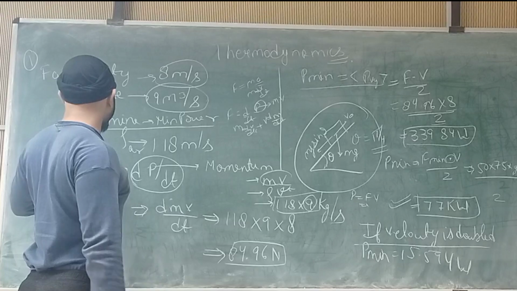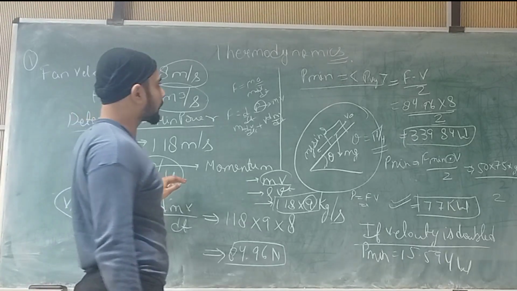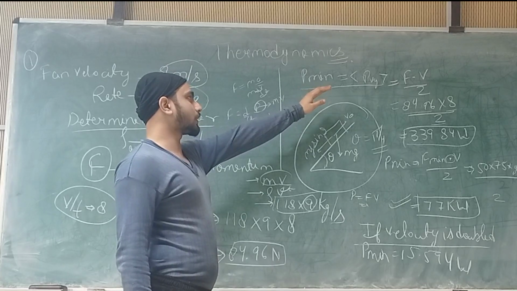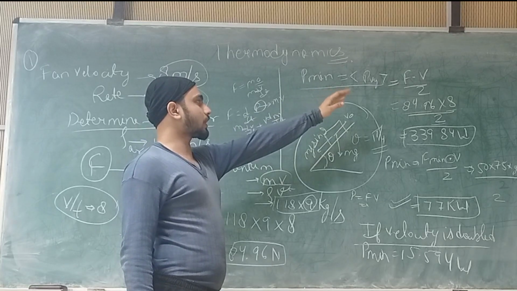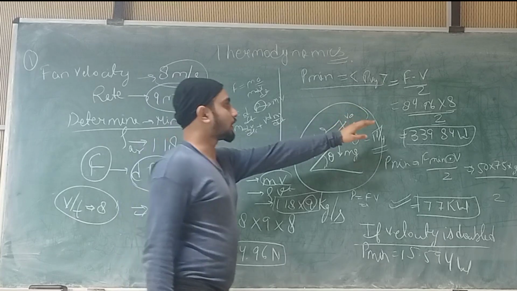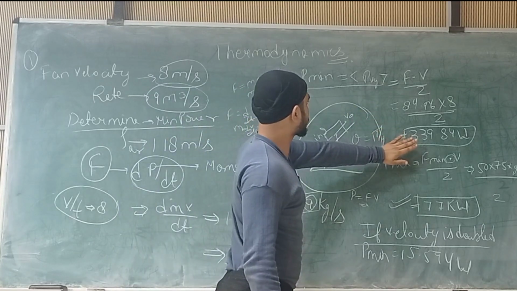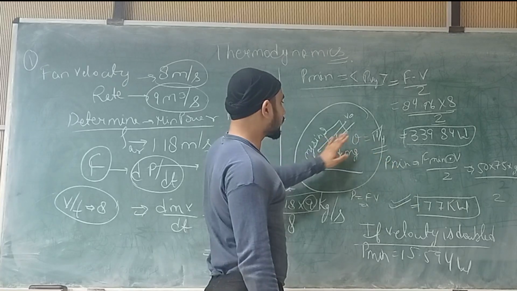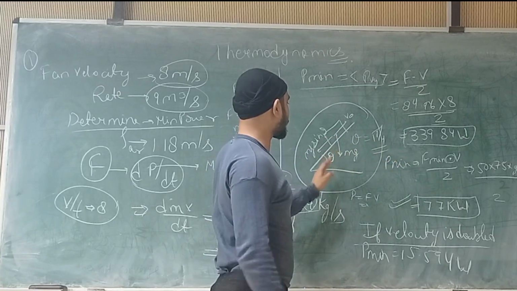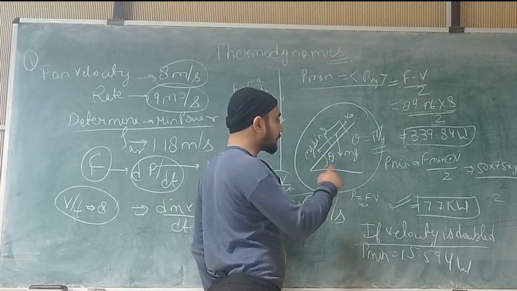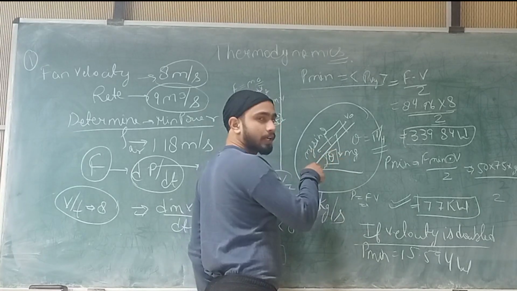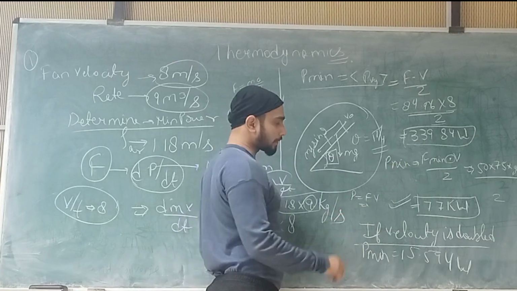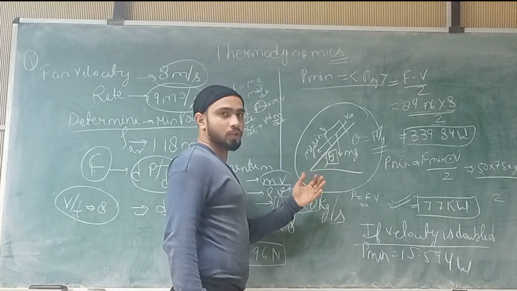So these 2-3 formulas we have to remember. The first is that force is the rate of change of linear momentum, and minimum power is nothing else but average power, which is F dot V by 2. For the block assembly, we also have to take the angle, which is pi by 4, so 1 by root 2 by 2.